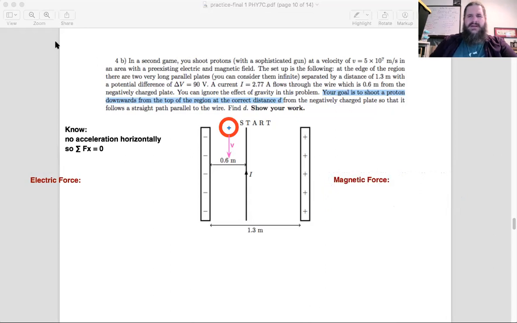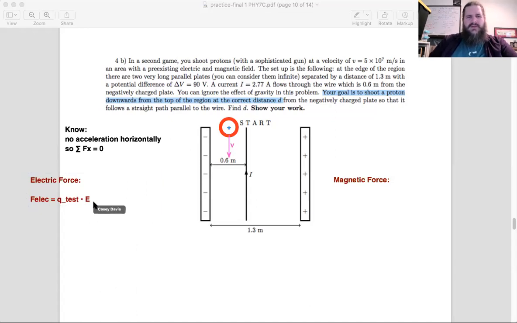What has to be existing in order to cause an electric force on this charged particle? Yeah, there's got to be an electric field. An electric force on a charged particle is caused by an electric field, and specifically it's just the charge of the particle, the charge of the test object, times the electric field.